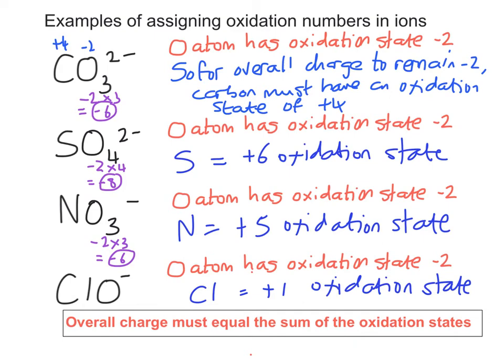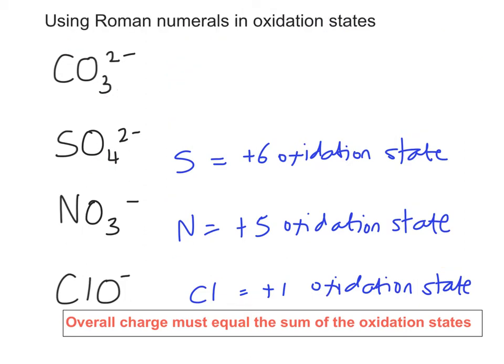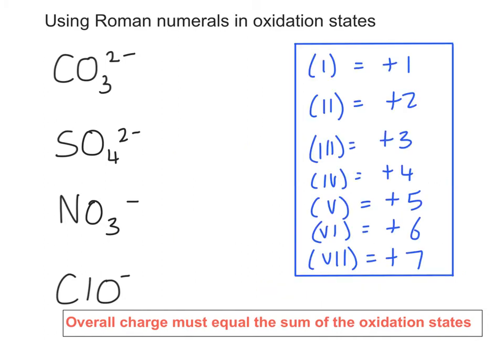So sometimes we use Roman numerals to actually name an ion. So we put in brackets a Roman numeral after the name to tell us what the oxidation state is. So we'd have carbonate, sulfate(VI), nitrate(V), and chlorate(I).